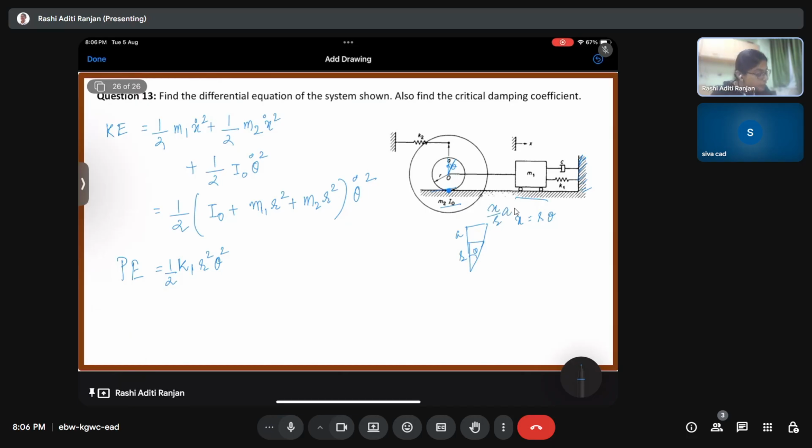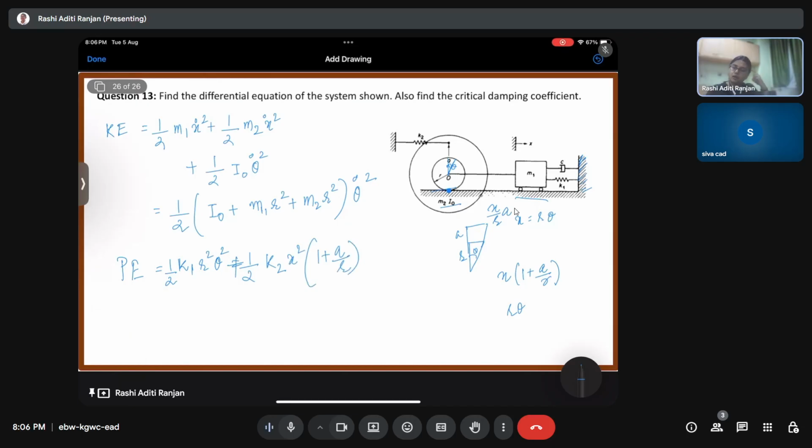So the total displacement is x into 1 plus a by r. And then we know that x is nothing but r theta. So we'll have half k2 x square into 1 plus a by r, the whole squared.